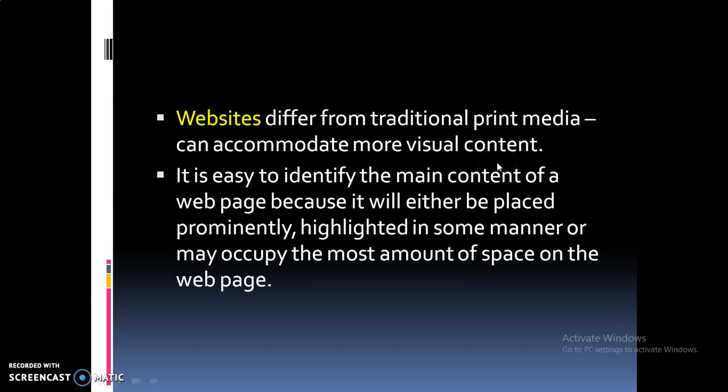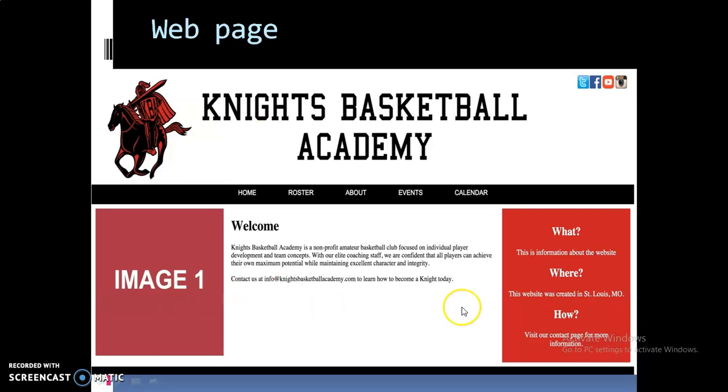So websites, as I said, it is easy to identify the main content of a web page because it will either be placed prominently, highlighted in some manner, or may occupy the most amount of space on the web page. So for example, in a print media, print publication, okay, let me share the previous image. See, as I said, it is easy to identify the main content of the web page.